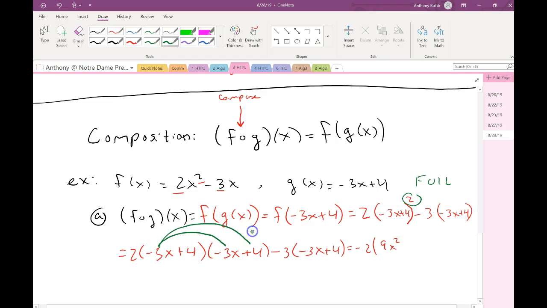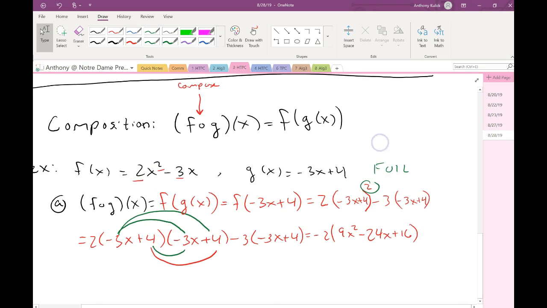Then outers is negative 12x. Inner is negative 12x. When I combine those together, I get negative 24x. And then last is 16. Everybody okay there?